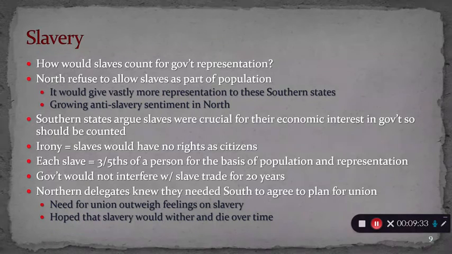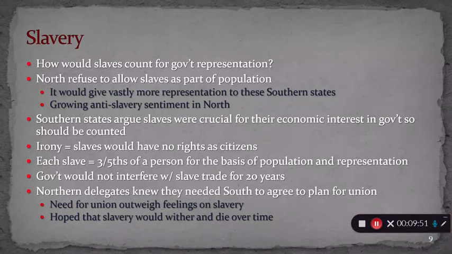And so it would give those southern states, I don't want to say unfair advantage, but an advantage that isn't reflective in what those numbers actually mean.